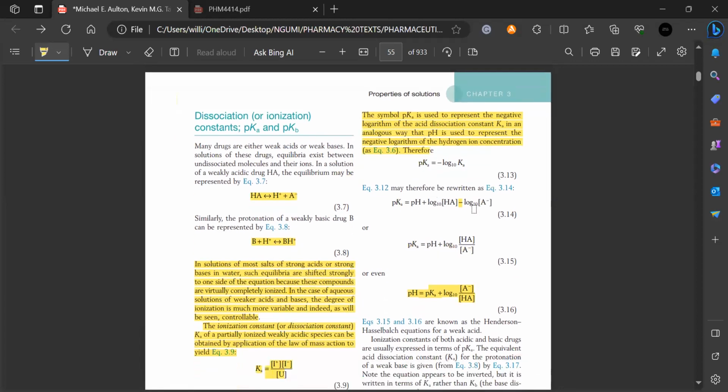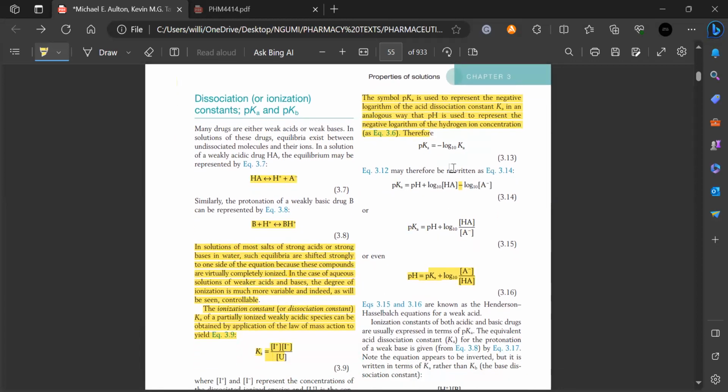So the equation itself can be rewritten as pKa equals pH. Now note everything, because pKa, we won't put that plus or minus. Now if we use this p in itself, everything which was plus will be minus and everything which was minus will be plus. Let me repeat that.